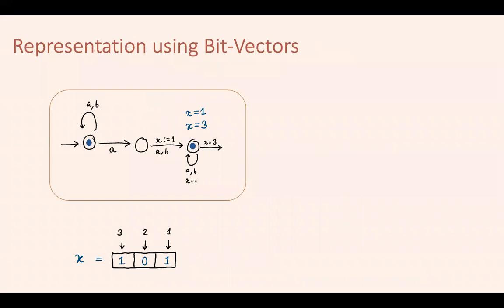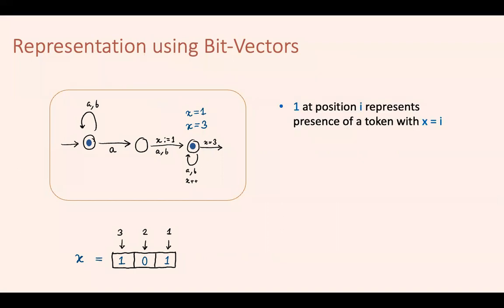So when we do have expressions with counter ambiguity, we proposed using bit vectors to store the possible values of the counter. And this is almost what it looks like.